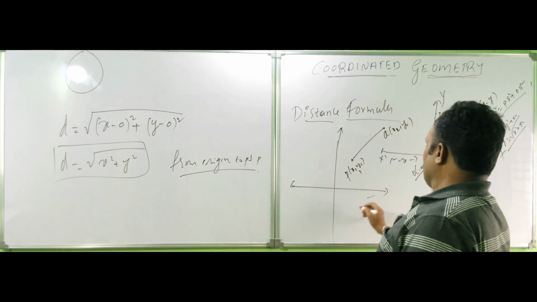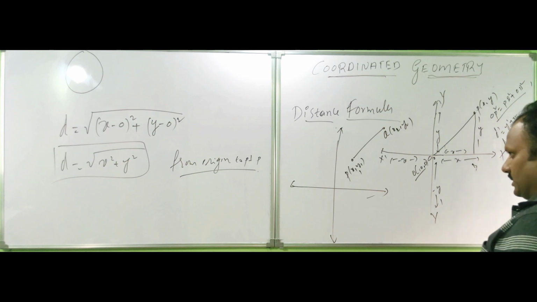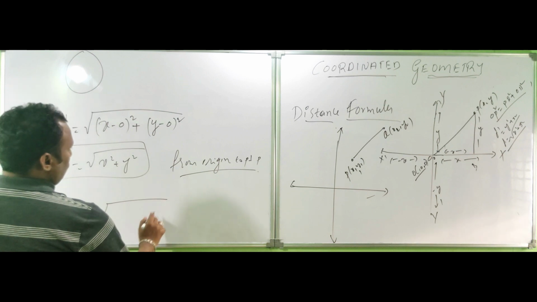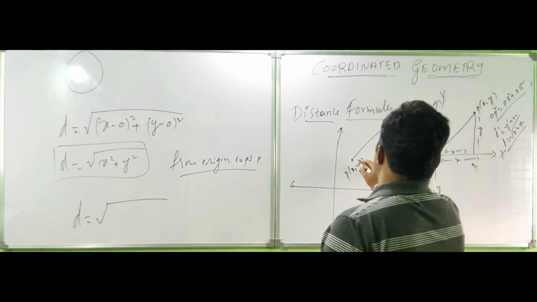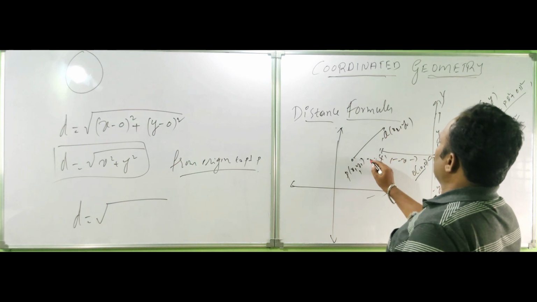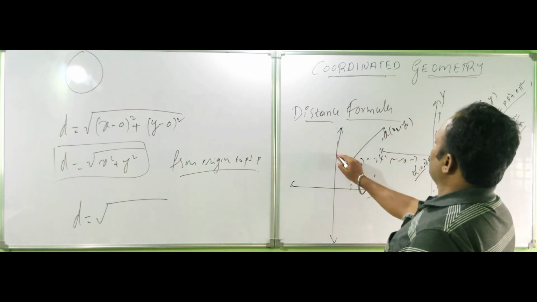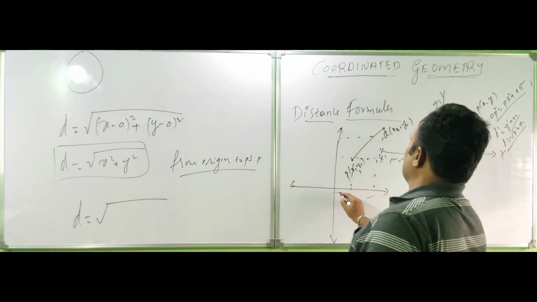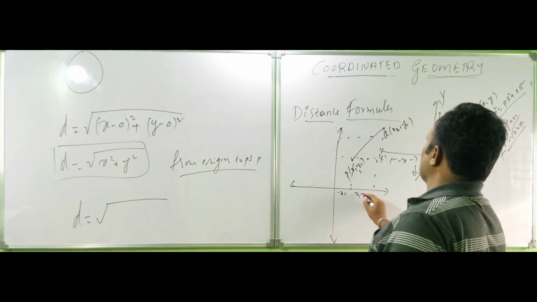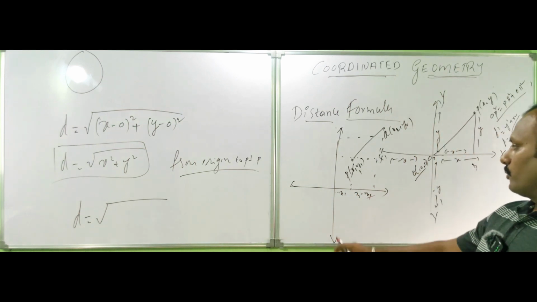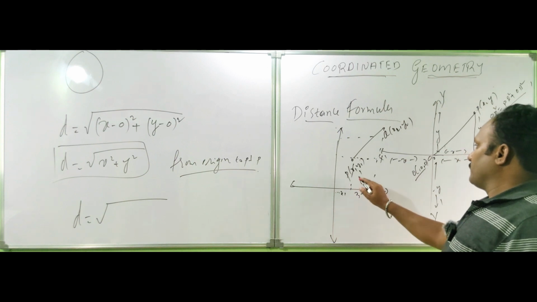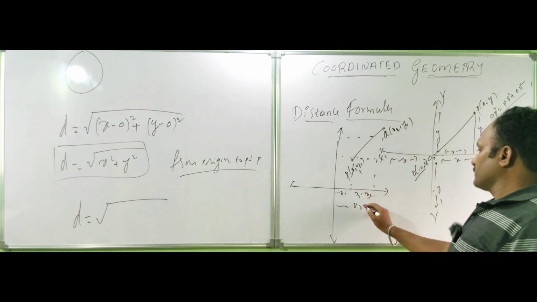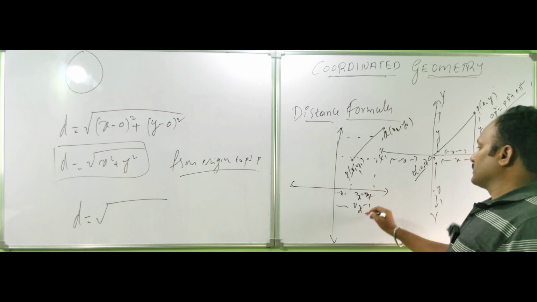Similarly, d is equal to the square root of... From the origin, this point is x1, and from the origin this point is x2, so this distance becomes x2 minus x1.